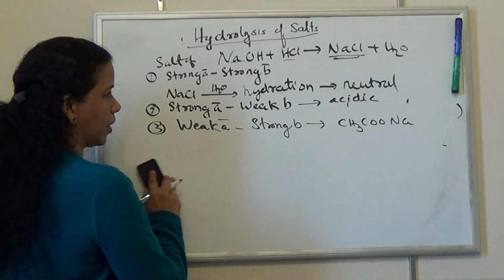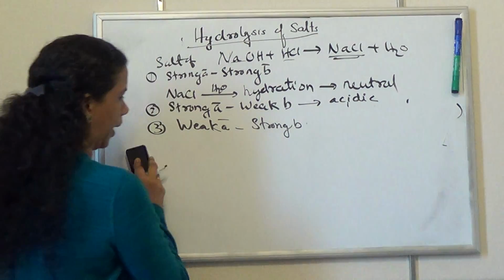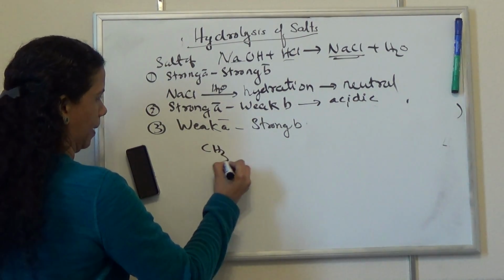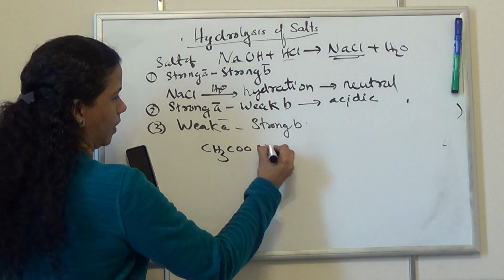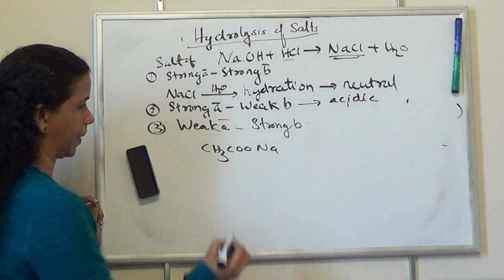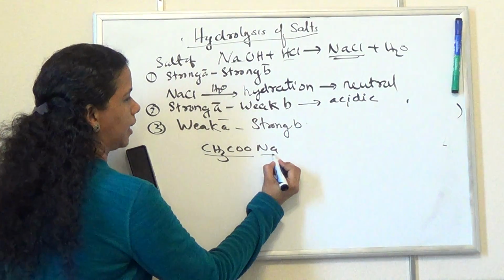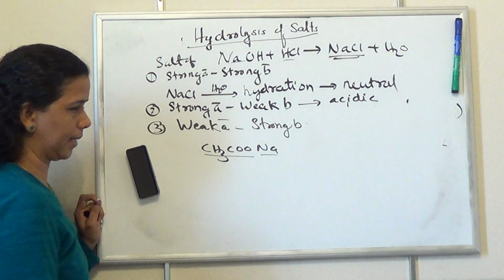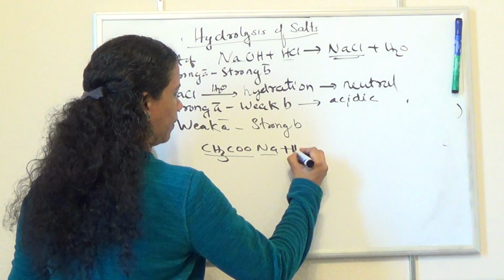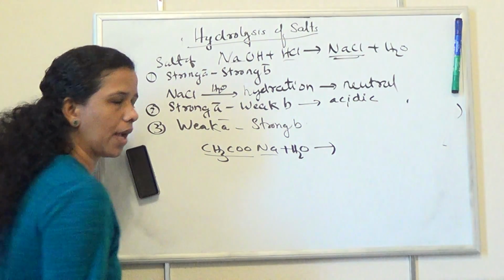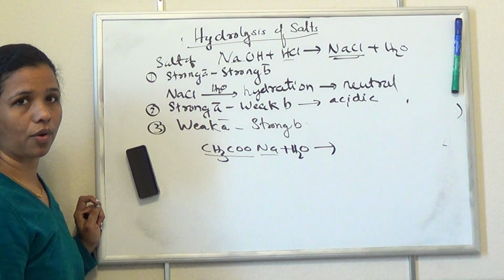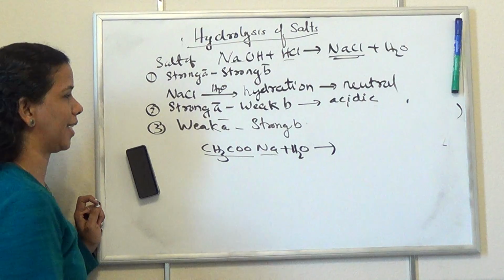Example is CH3COONa, sodium acetate. Here this is a part from a weak acid and this is a part from a strong base. On hydrolysis, we know that the weak one will undergo hydrolysis, so the strong one will undergo hydration.